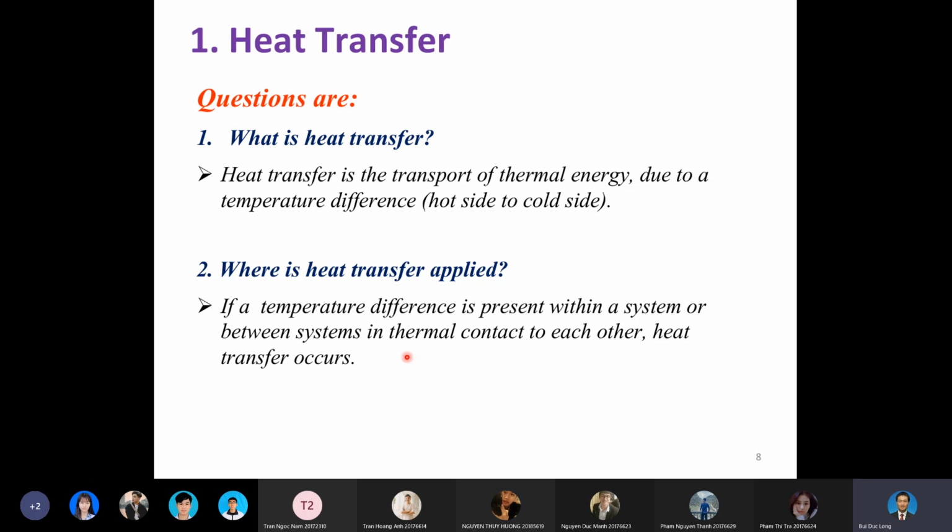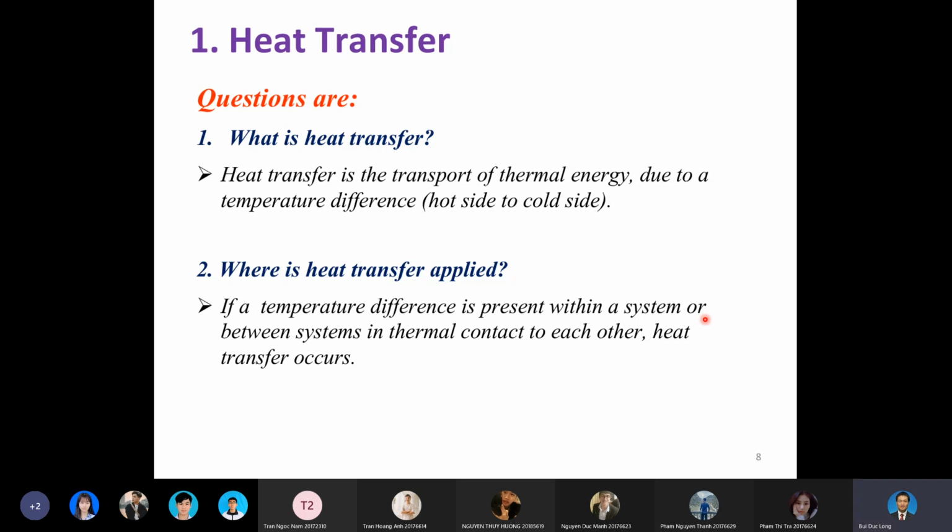So one person, let me know. Do you understand the second question? Yes. Okay, so make sure that you understand from very simple things and very simple concepts, so later we move to more complicated things.